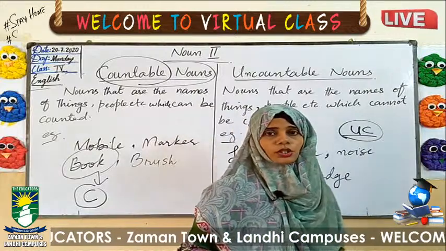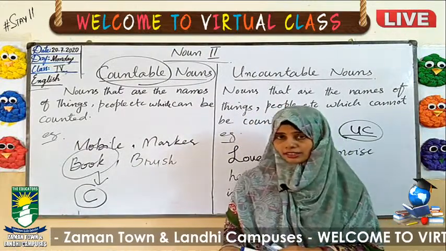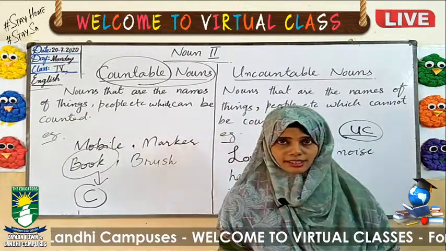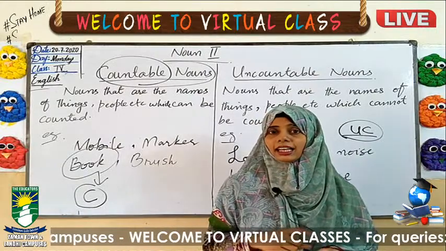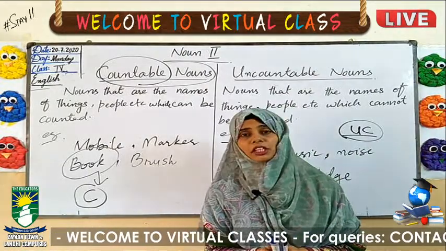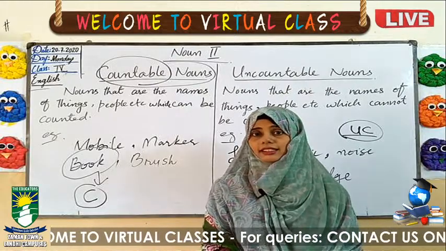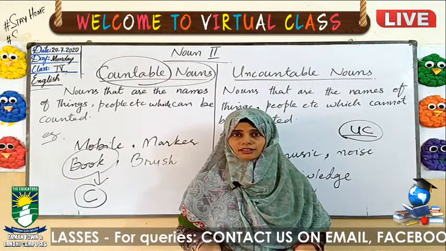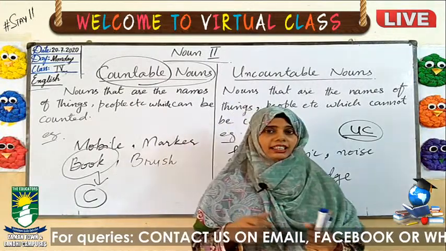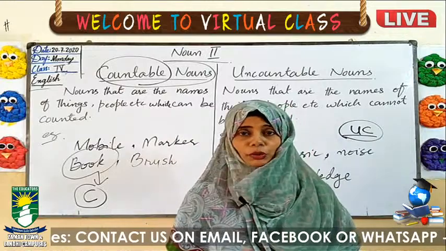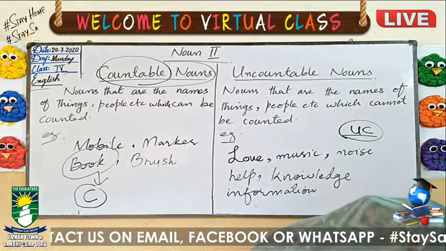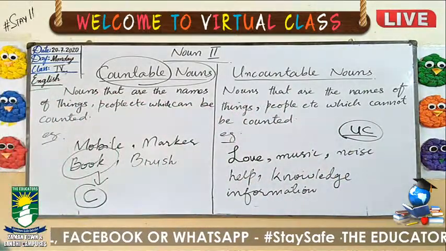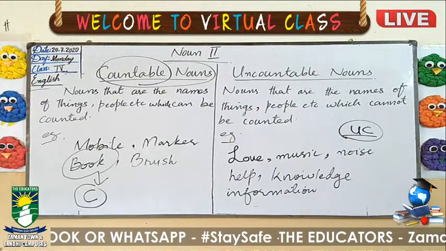So here we also use the short forms of countable and uncountable, C and UC. Okay? Let's come to the exercise. I hope you have got it, and I am waiting for your answer. Still I am waiting that you tell me those things which are uncountable. There are many things in the world. Okay? So it is time to hold your book on page number 6. Page number 6 is here. Open your Grammar Tree book, page number 6.